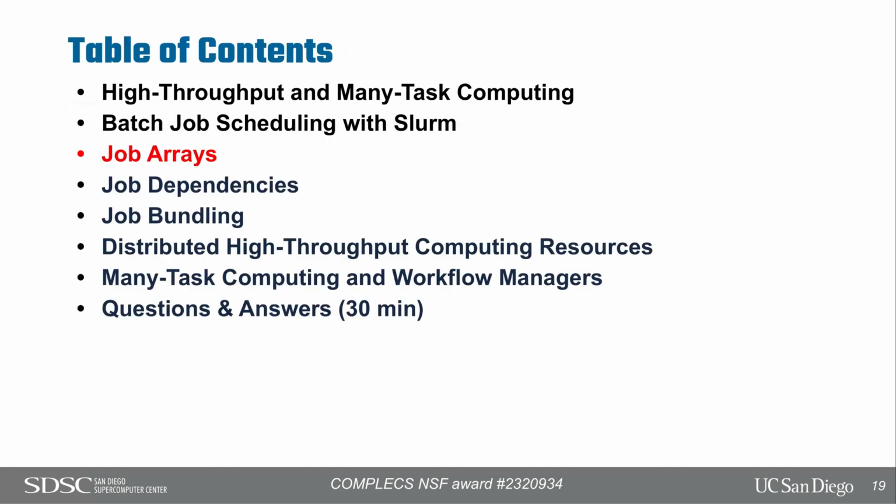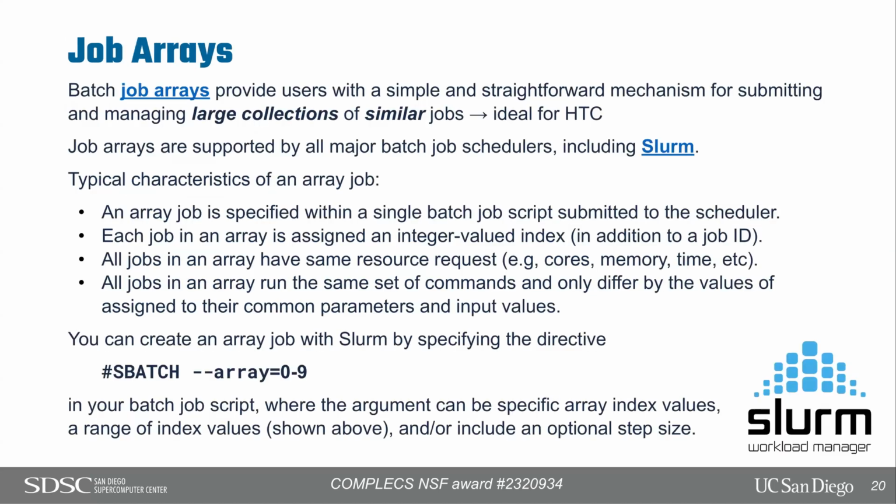Okay. So job arrays. What is a job array? A batch job array allows you to specify a single job script, but run many copies of that same job with slight modifications.